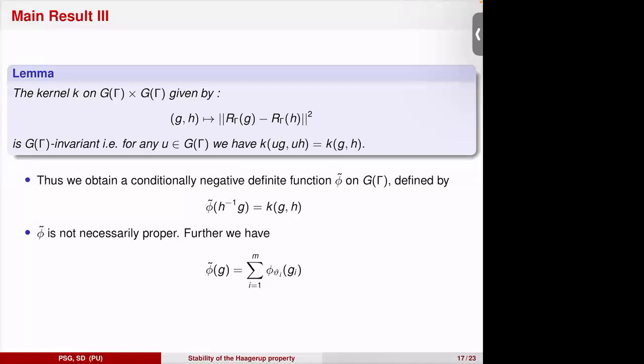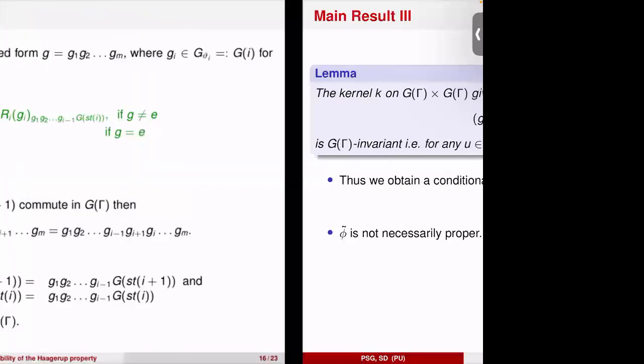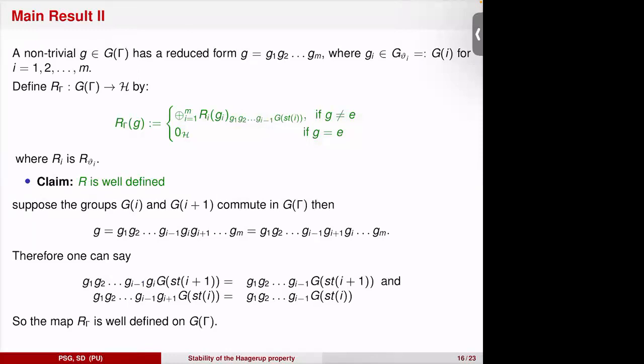Because you can see that in the previous, where we have defined r gamma, suppose you have things like that, that small g will look like some g1 g2 g1 g2 g1 g2, this type of expression. The reduced form of G has this type of expression, where suppose there is no edge between the V1's vertex and the V2's vertex.